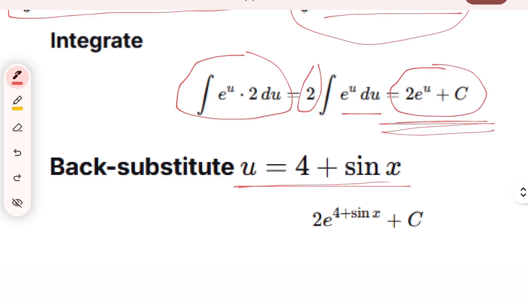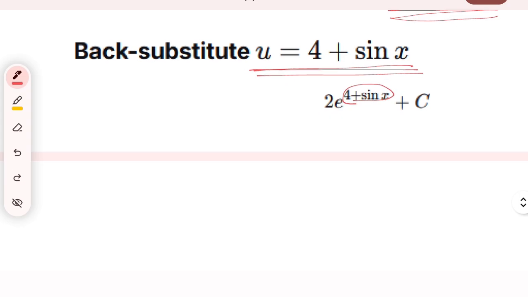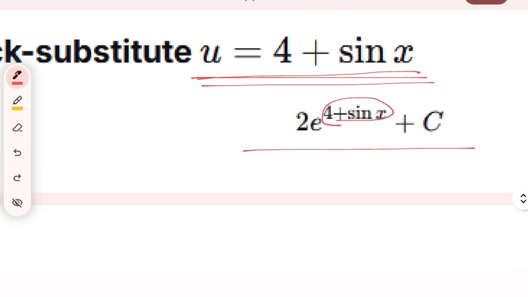This is the real value of u, so we put it back. The final answer is 2 e to the 4 plus sine x plus the constant c.